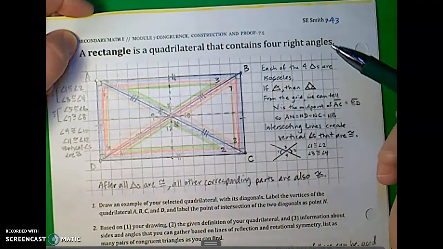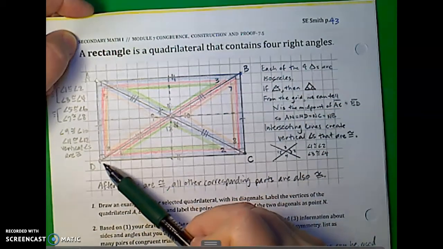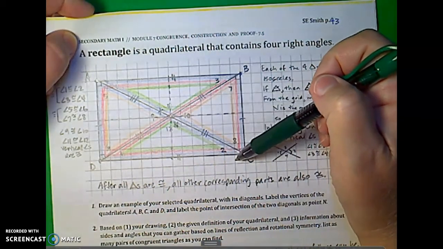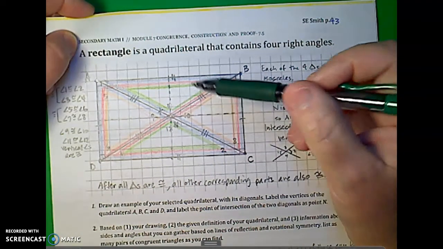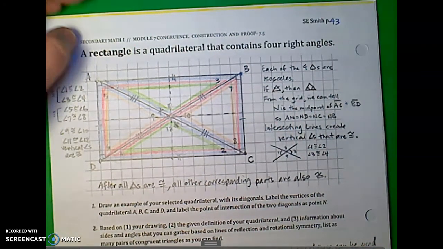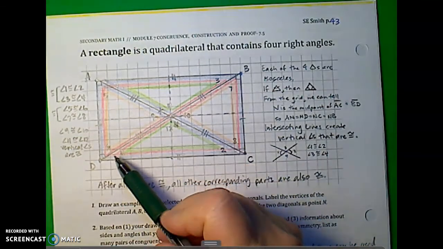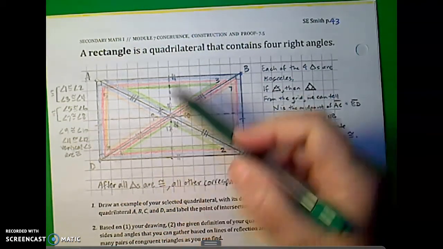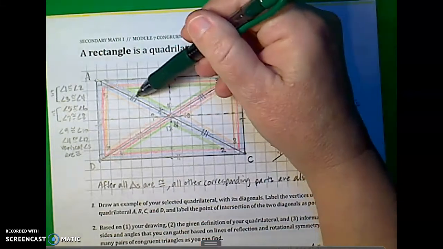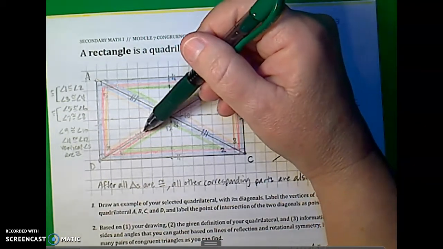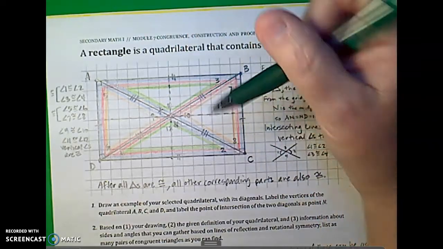Those are other properties of rectangles we know. If you think about these diagonals, one of the properties is that they bisect each other, and the diagonals are also congruent. So what I've done is I've marked all the half diagonals equal, and it's the same equal segments in both directions. So I have 3 tick marks on each of those.